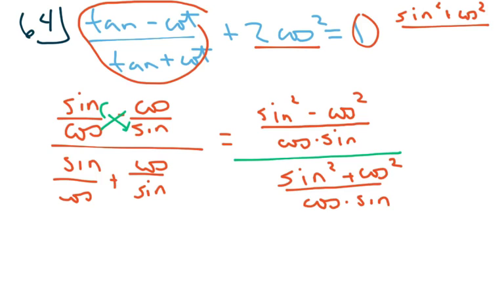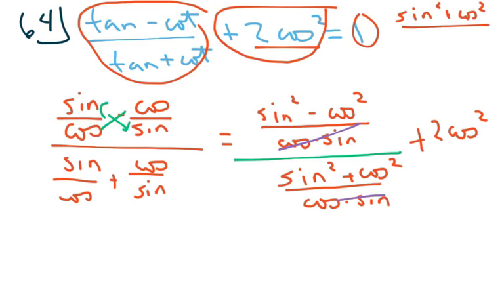Now, on this one, this is 64, so what I keep forgetting sometimes when I'm doing this is I still have to add what? This piece. So this is plus 2 cosine squared. Now, what's going to happen here is these two cancel, and what is sine squared plus cosine squared?